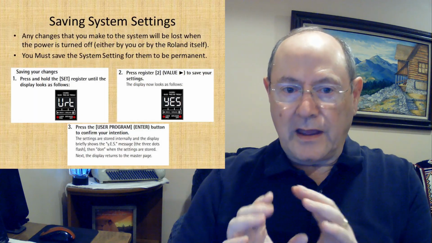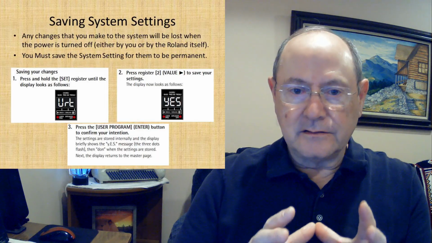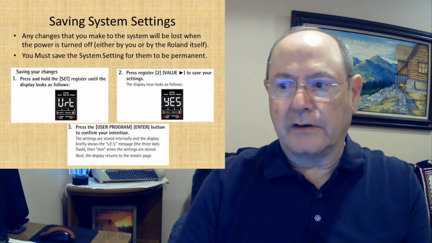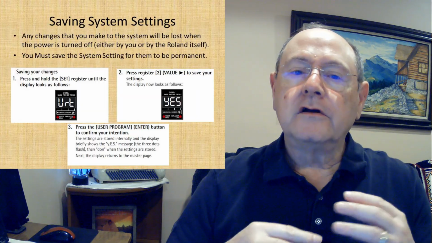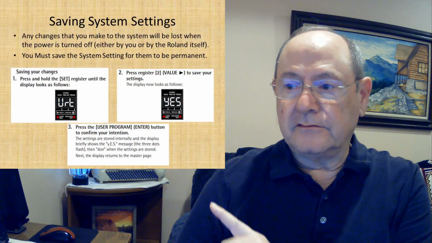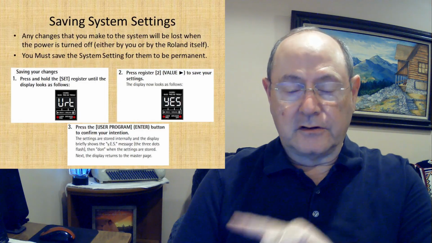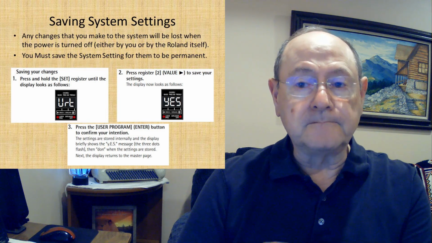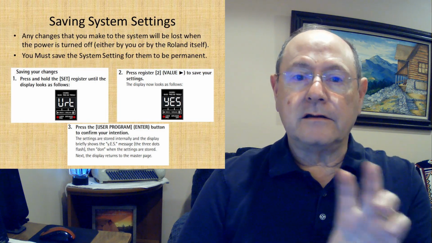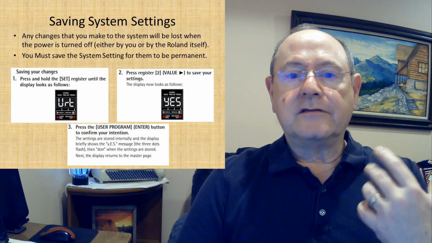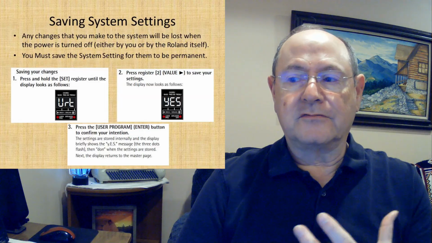You then, while you're still in whatever change that was, so the balance, you will hold your select button down. Hopefully we can see it over here. You're going to hold the select button down, that's the blue one, and it's going to come up and say URT. This is going to save the system settings.